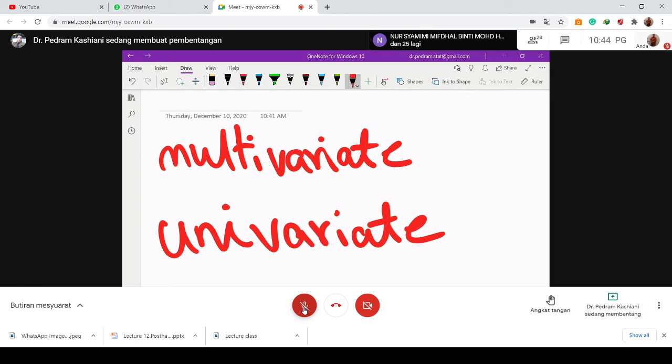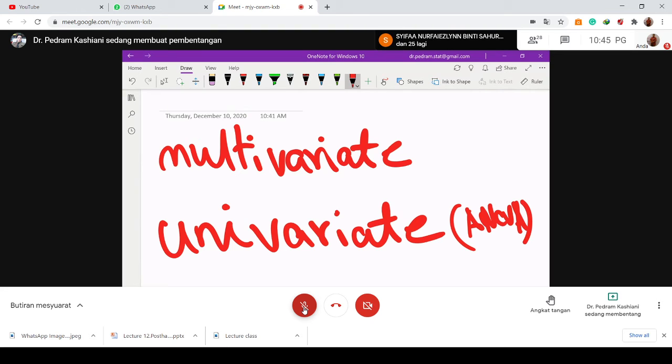That's why now the MANOVA comes into the picture, multivariate analysis of variance. In ANOVA, it is done one by one: one ANOVA table for yield, one ANOVA table for plant height, one ANOVA table for cup diameter, and so on and so forth.